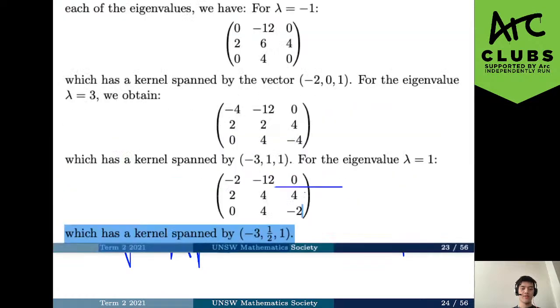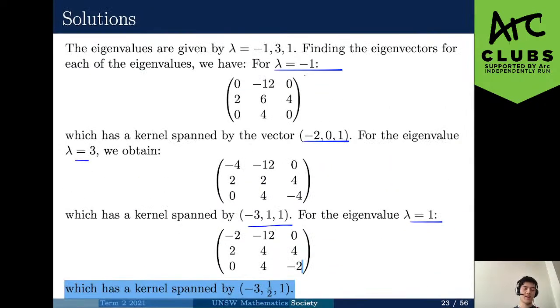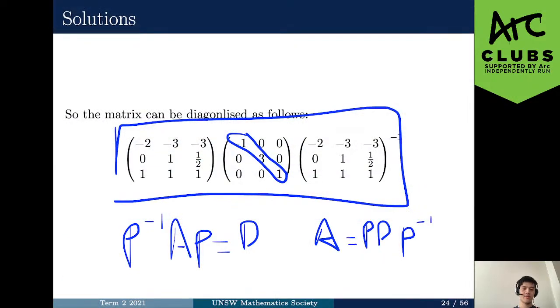And then in terms of my matrix P, the matrix P is the matrix of eigenvectors corresponding to these eigenvalues. So we worked out that -1 has an eigenvector of -2, 0, 1. And so this column here is -2, 0, 1. It's an eigenvector corresponding to this eigenvalue. And we similarly do the same thing with the other ones.